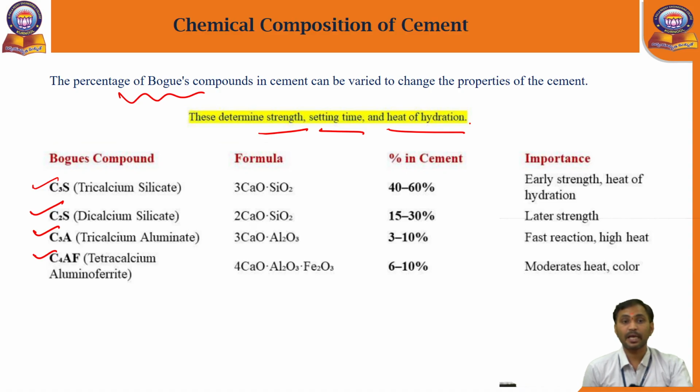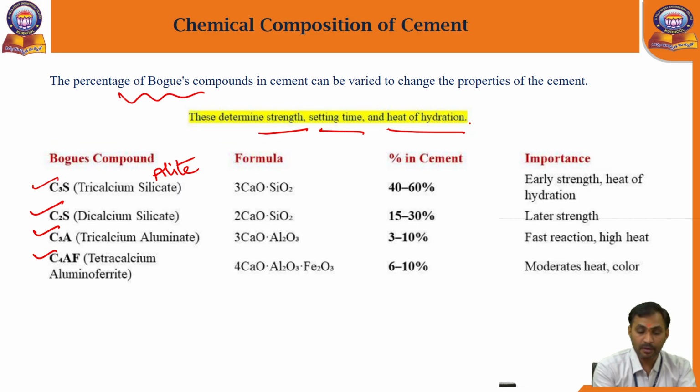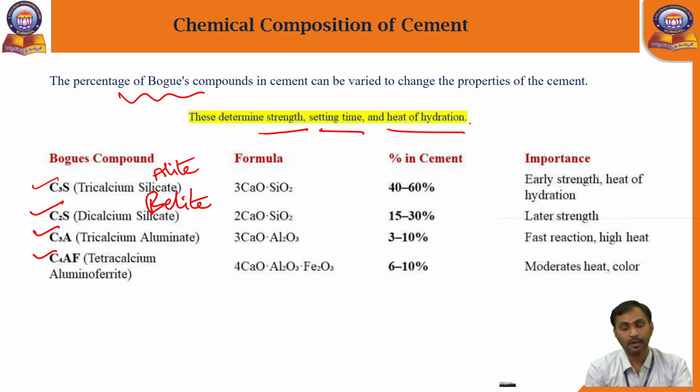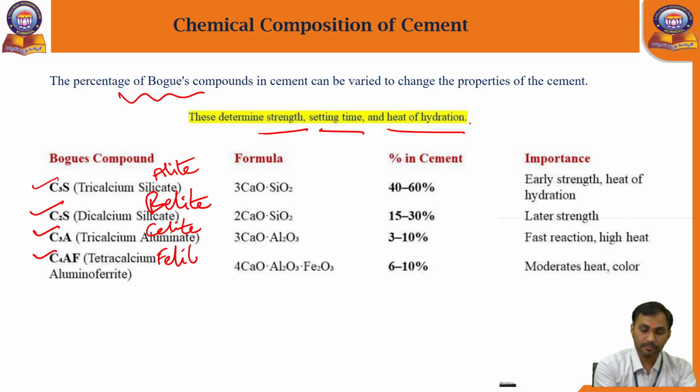There is also a short name for each of these Bogue compounds. C3S is called alite, C2S is called belite, C3A is called celite, and C4AF is called felite.